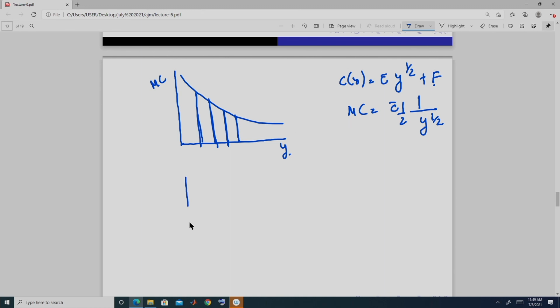Another form of marginal cost that we may get is U-shaped. So, the argument is the same. Till this level of output, the additional cost incurred to produce one more unit of output at the margin is going down.